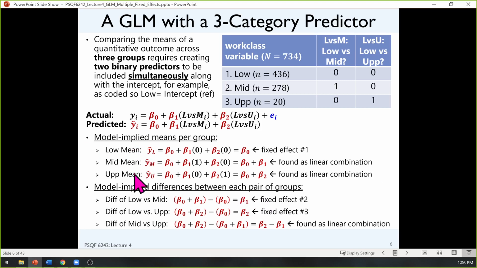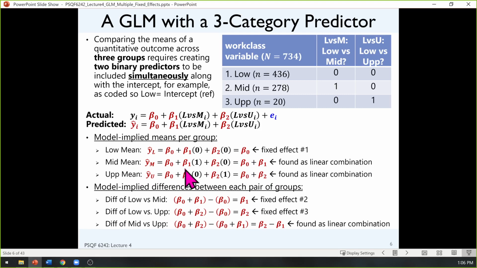So if I have the 3 possible group means here, and then the 3 possible differences, the fixed intercept beta 0, once you do the math to fill in the zeros and ones for the 2 columns for the predictors, is going to be the group low outcome mean. That's how it will be interpreted.